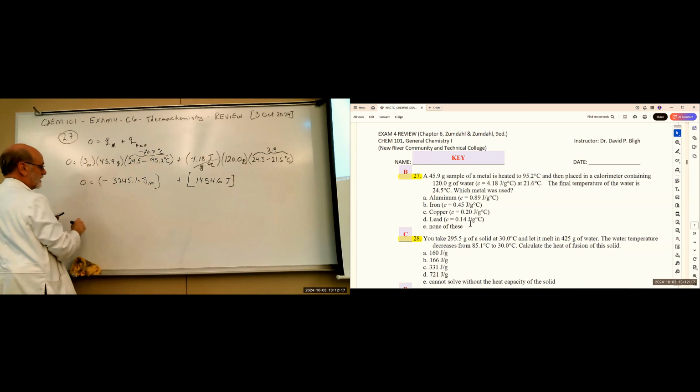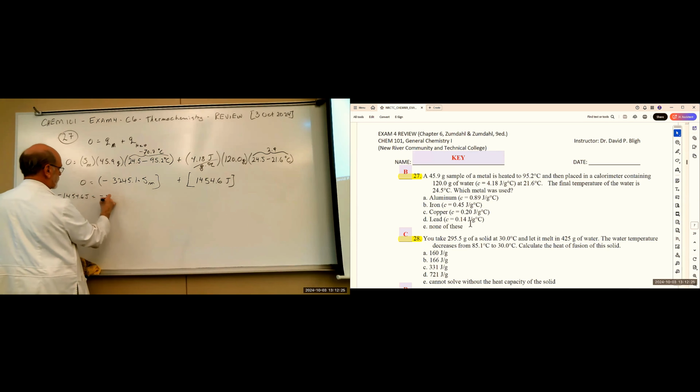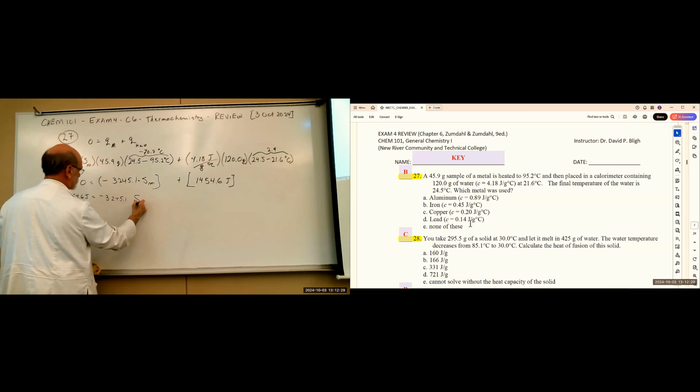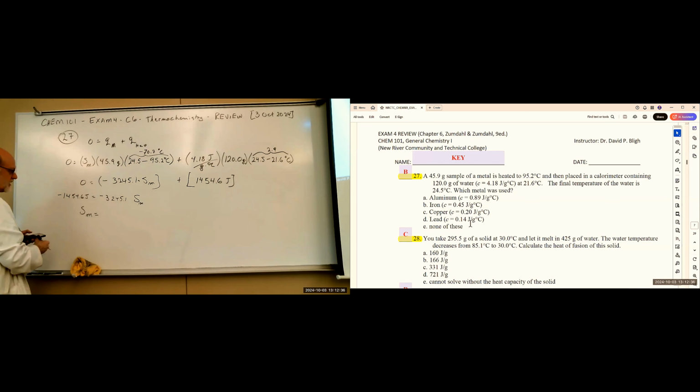That's equal to 0. So now we get this one on this side. It becomes a negative 1454.6 and negative 3245.1. So this specific heat is going to be this one divided by that one, and the negatives cancel.